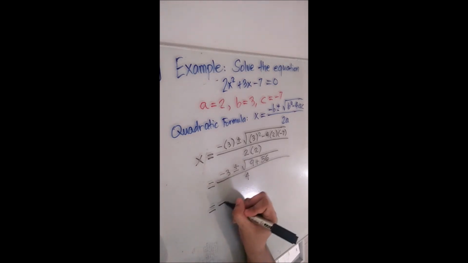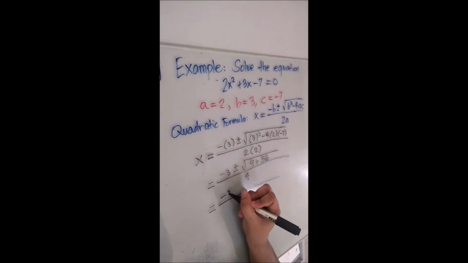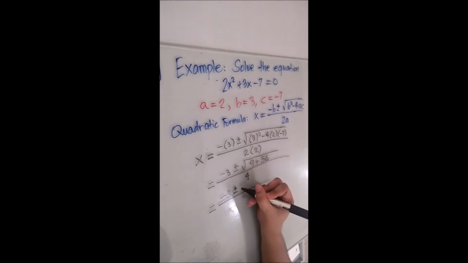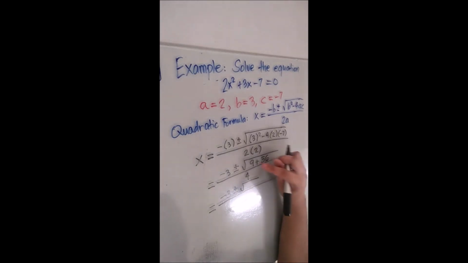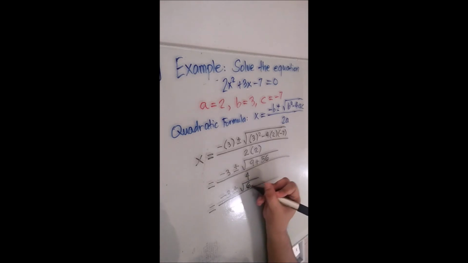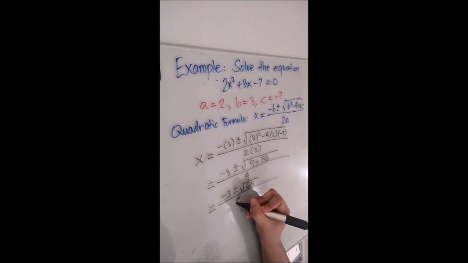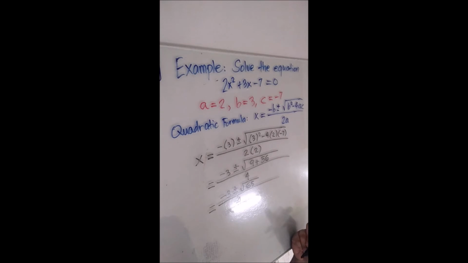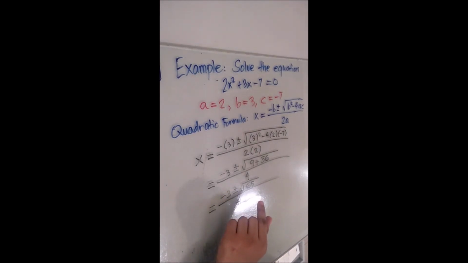So we have x is equal to negative 3 plus or minus square root of 9 plus 56, which is 65, over 4.